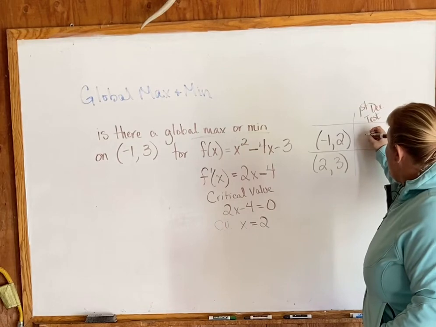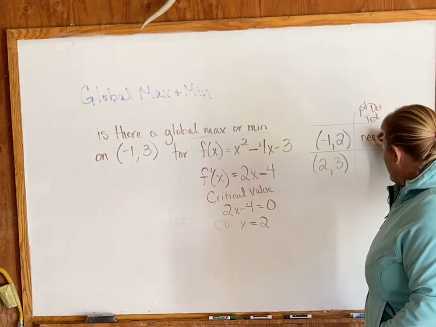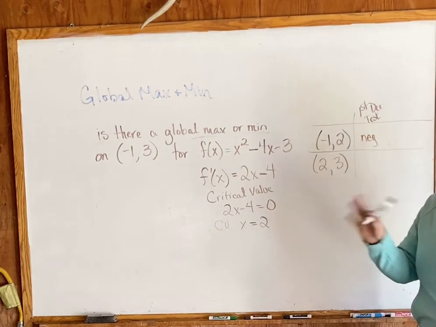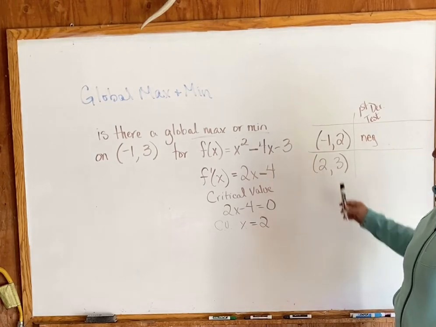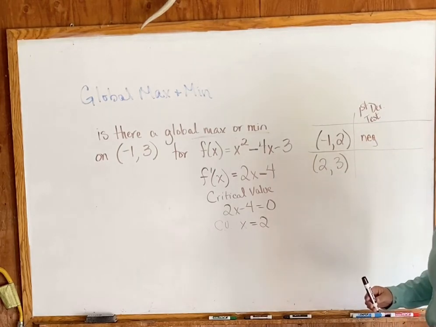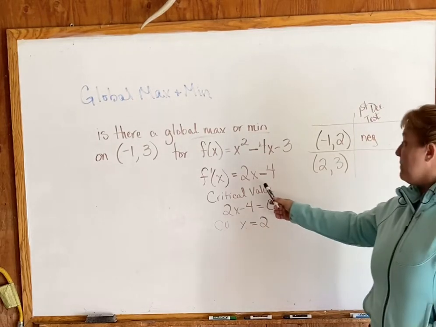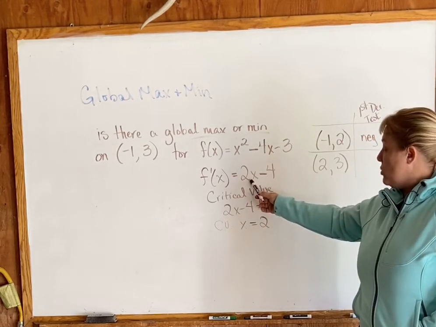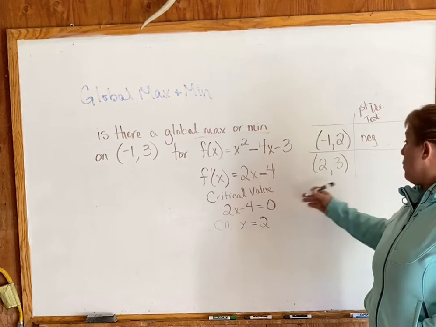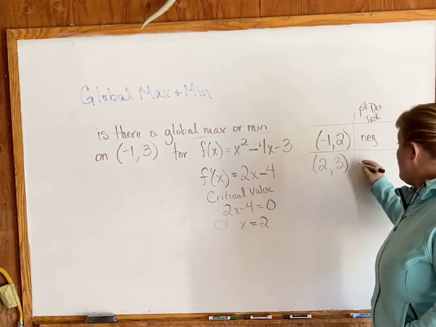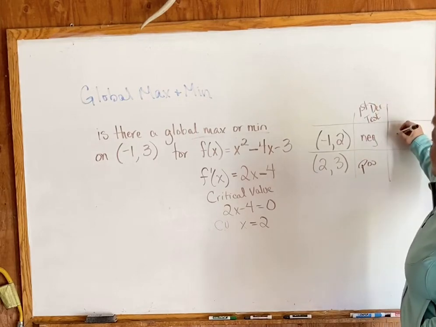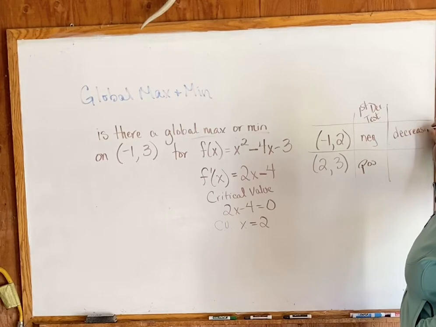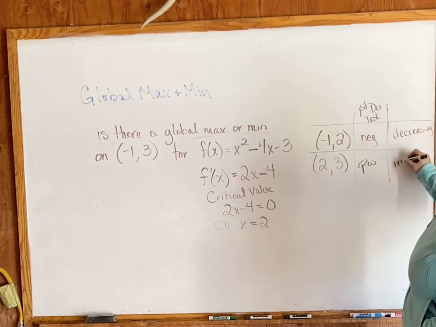So we know that the answer is negative. We don't even care that it's -4, we just care it's negative. Then a number in between 2 and 3, well, I didn't leave myself much room there, so like 2.5. If we multiply 2 times 2.5 and then subtract 4, this is going to end up being positive. So that means that the function goes from decreasing, negative means decreasing, positive means increasing.